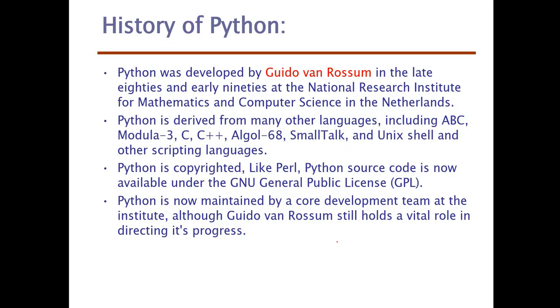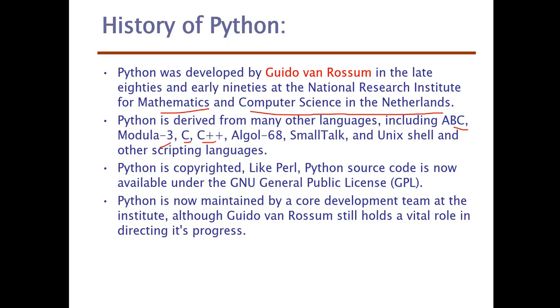If we are talking about the history of Python, Python was developed by Guido van Rossum in the late 80s and early 90s at the National Research Institute for Mathematics and Computer Science in the Netherlands. Python is derived from many other languages, including ABC, Modula-3, C, and C++.